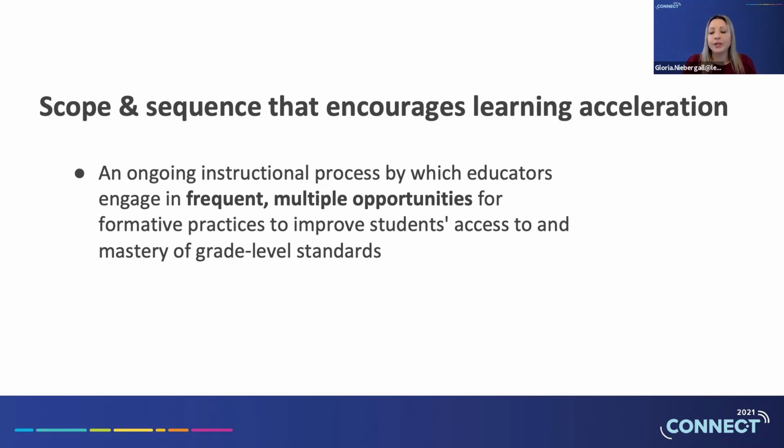Finding one that truly encourages learning acceleration, which is an ongoing instructional process by which educators engage in frequent, multiple opportunities for formative practices to improve students' access to and mastery of grade level standards. Having a scope and sequence that addresses the foundational skills components truly can help assist us in our quest for effective reading instruction.